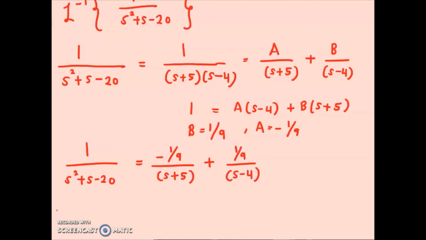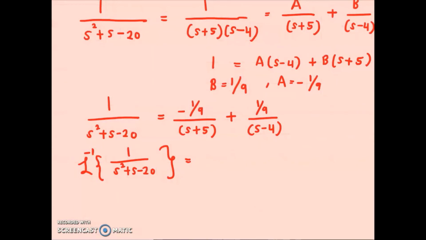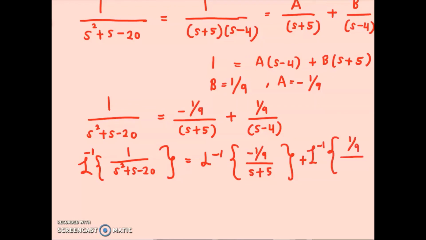Now you take the Laplace inverse, which means taking the Laplace inverse of negative 1 over 9 over s plus 5 plus the Laplace inverse of 1 over 9 over s minus 4.